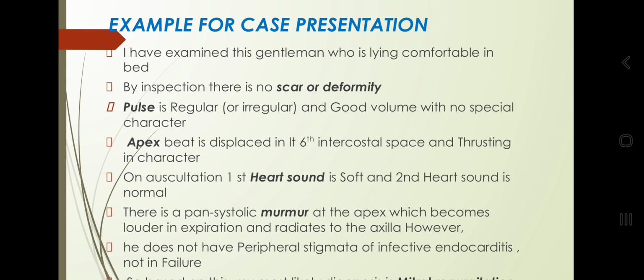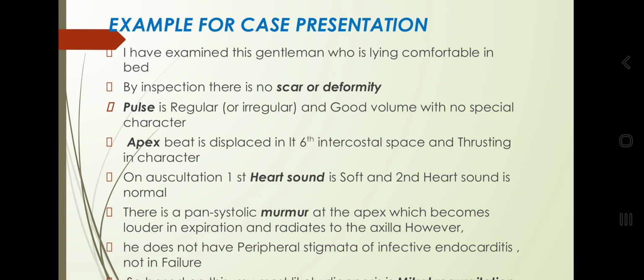So I give you an example for a case presentation. I have examined this gentleman who is lying comfortably in bed. By inspection, there is no scar or deformity. The pulse is regular or irregular according to the case, and good volume and equal on both sides with no special character. Apex beat is displaced in the left 6th intercostal space and thrusting in character.